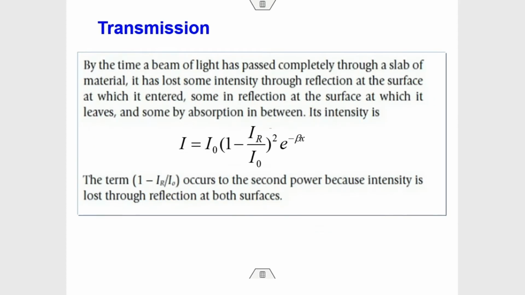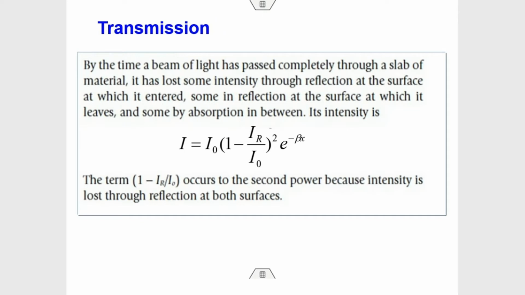Now, what is the next thing? The next thing is transmission. Transmission means the radiation must pass through a material. So, when it passes through the material, some intensity is lost by reflection on the surface when it enters, and the rest is transmitted and absorbed. So, it is written like this: I is equal to I0, and then within brackets 1 minus I_R by I0, squared, into exponential minus beta x.